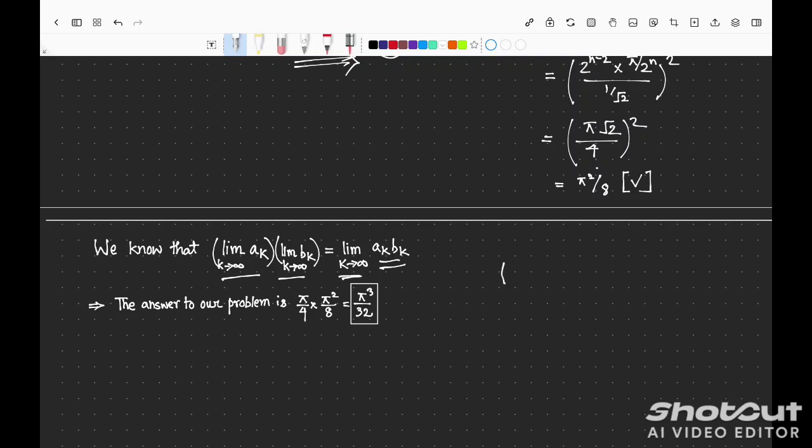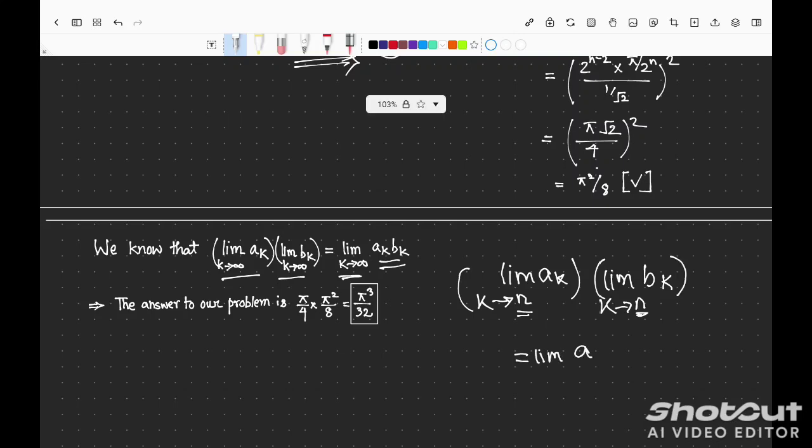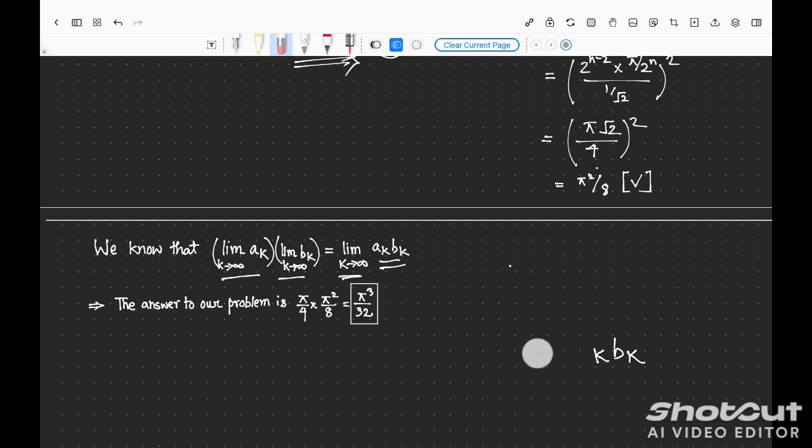Like if it is given that the limit of a_k as k tends to n times the limit of b_k as k tends to n, if the tending value is the same, then we can just club the terms together so that we get the limit of a_k into b_k as k tends to n, right? So finally the answer to the problem for today is just pi cubed divided by 32, and that's the answer to the problem.